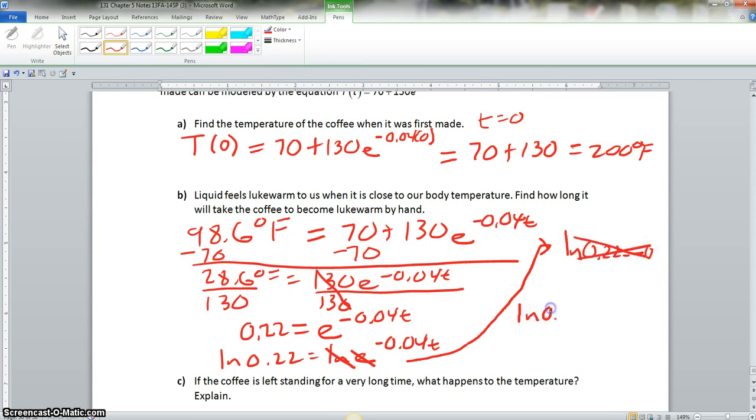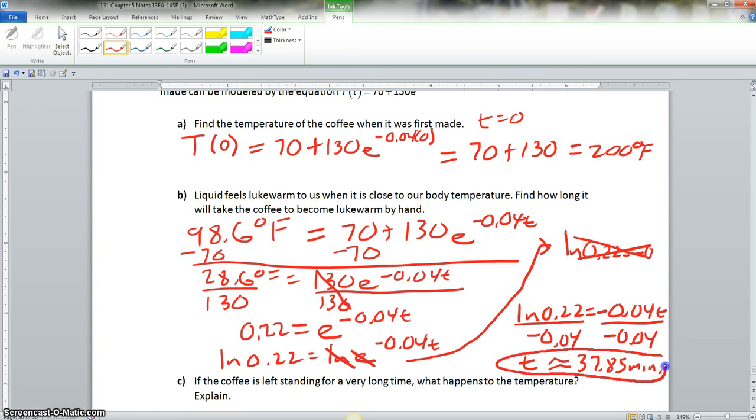So it'd be natural log of 0.22 is equal to negative 0.04t. Okay, now remember, we're trying to get t by itself, so we divide each side by negative 0.04. So we will have t is approximately 37.85 minutes. And that will be our final answer.